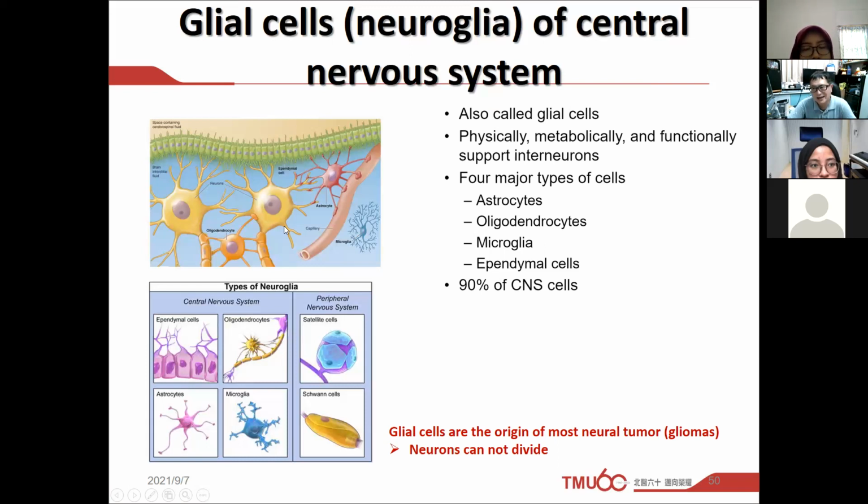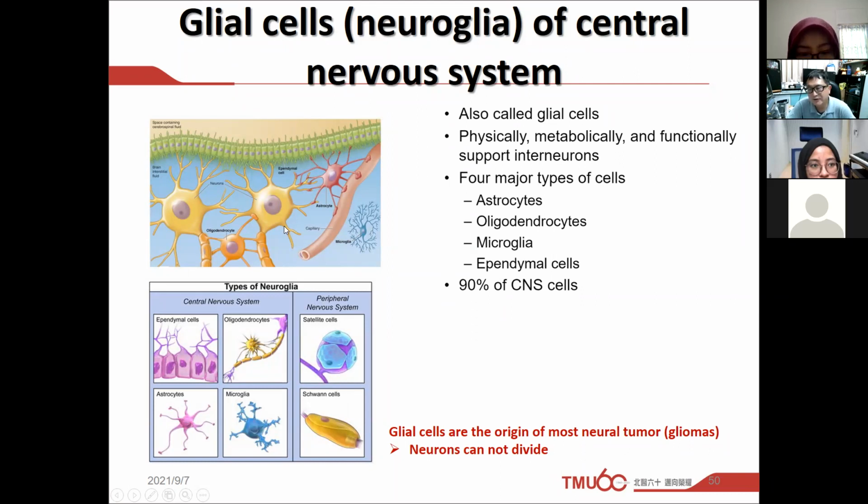The first one, astrocytes. Astrocytes are very important cells which can support the neurons with nutrients, growth hormone, or exchange. Another very important thing everyone should know is that they can form the blood-brain barrier.